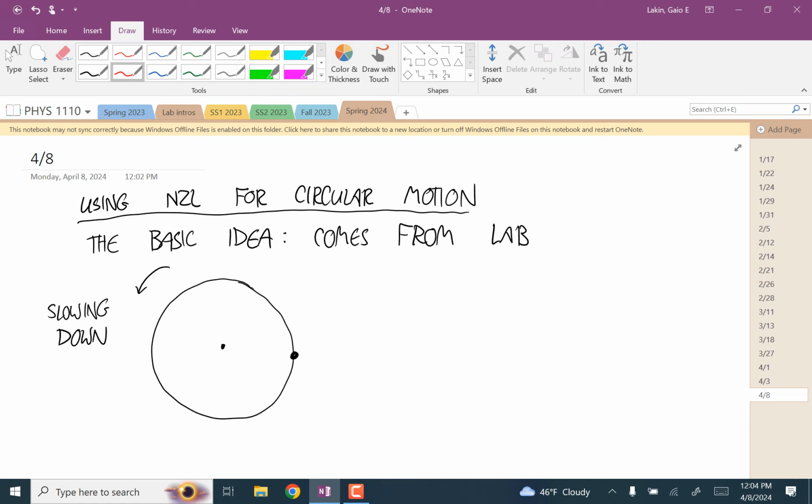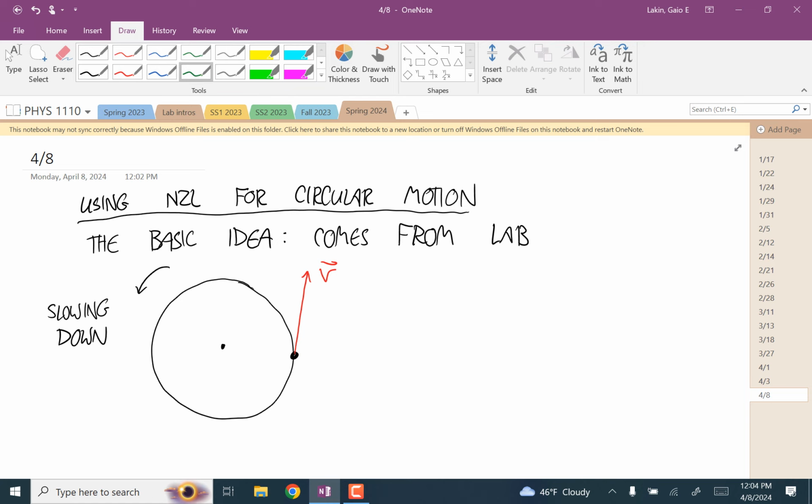What's the direction of the velocity vector at this point? If this circle is the path that the thing travels, then tangent to the path is this way. And so the velocity is this way. That's tangent to the path in the direction of motion.